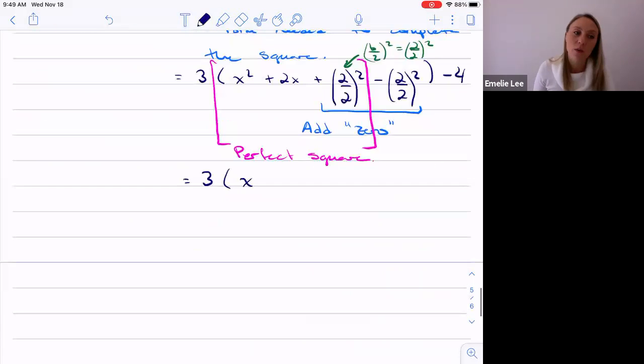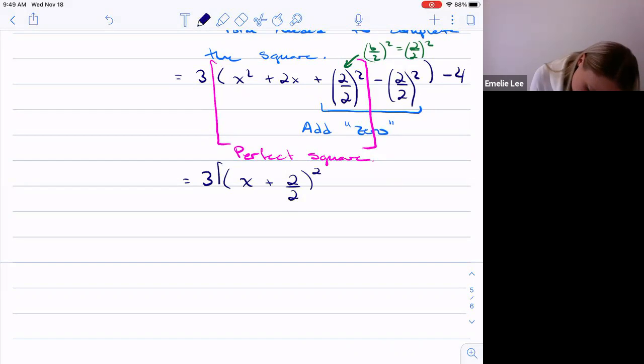But obviously, if you're working through it on your own, then you can. So x plus 2 over 2 squared, okay, and I'll put a bracket around 3, minus 2 over 2 squared, and bracket minus 4.